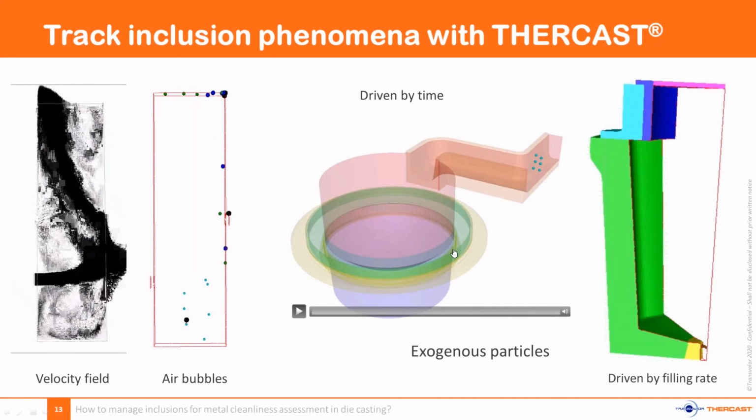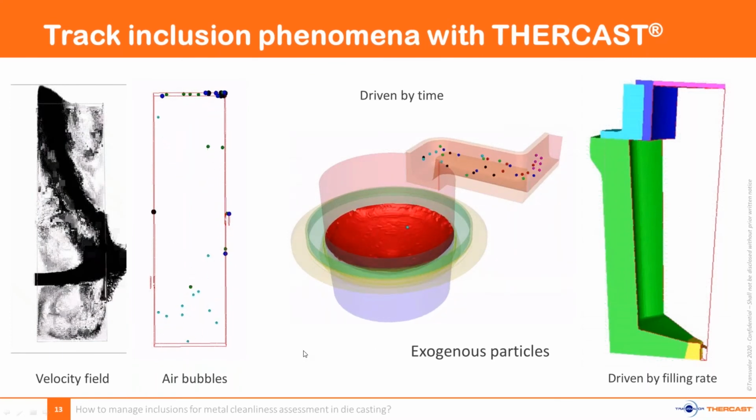The central case is semi-continuous casting for aluminium casting, in which we also have a set of particles, which is this time also driven by time, and they are released into the fluid at different times of the process.